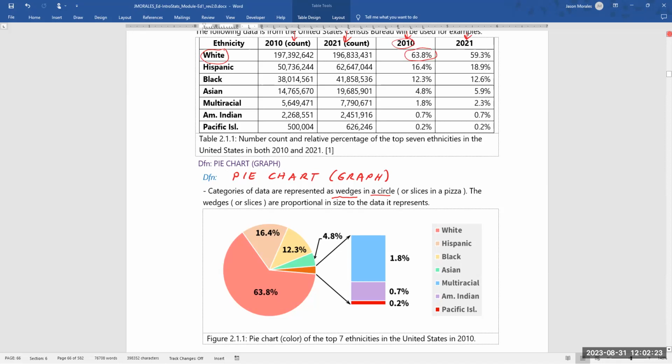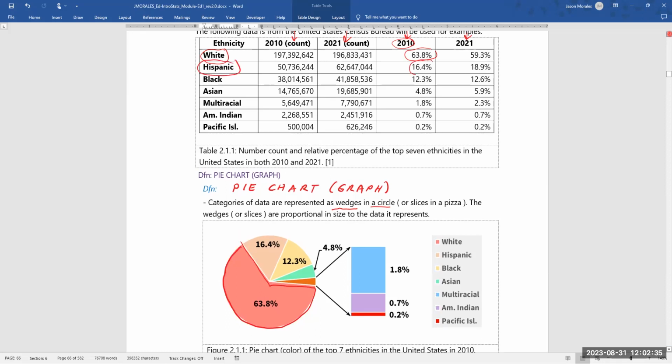Out of 100, 63.8 is a rather significant wedge. The Hispanic ethnicity is smaller at 16.4%. Because the value is smaller, the resulting wedge in a pie chart will also be smaller.